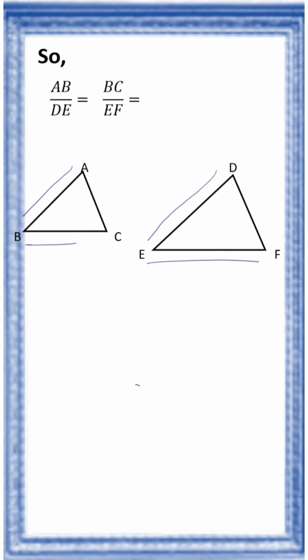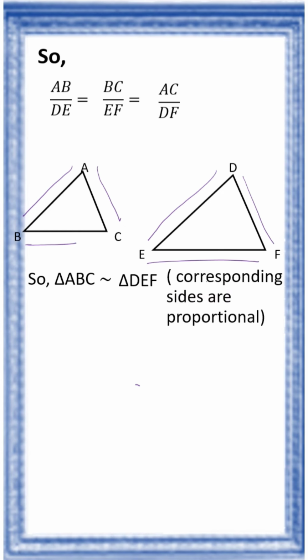Okay, you can finish there only, and you can write like this. Then AB by DE is equal to BC by EF is equal to AC by DF. So triangle ABC is similar to triangle DEF. Corresponding sides are proportional. Hence proved.